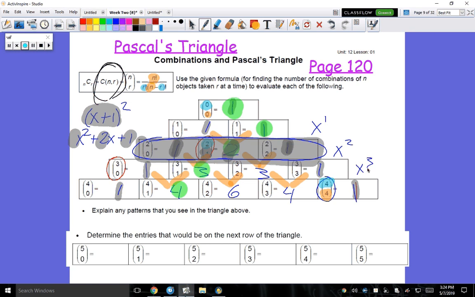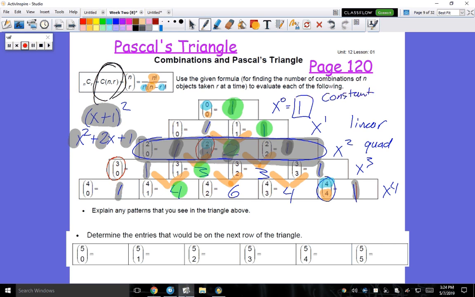This one's x cubed, this one's x to the 4th. What do you think the top one is? X to the 0, which is 1. So here we go. We have a constant, linear, quadratic, cubic, quartic, so on and so forth.